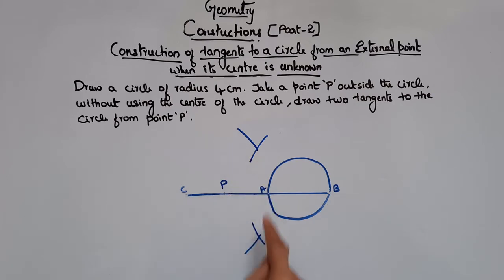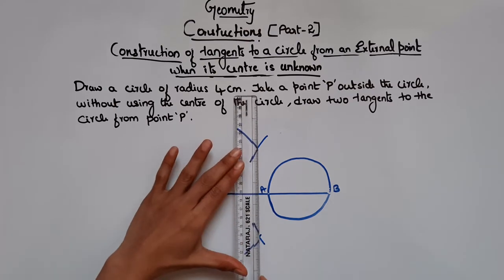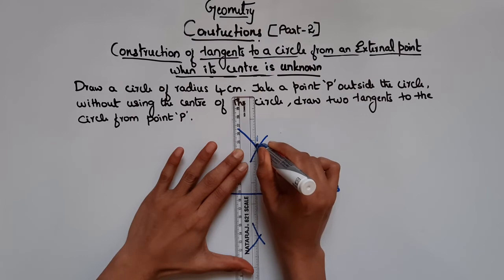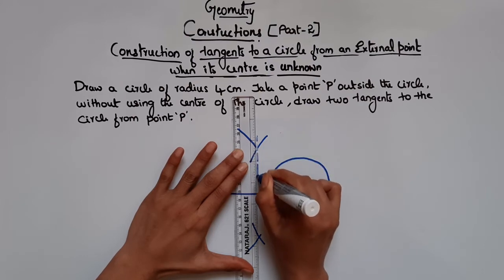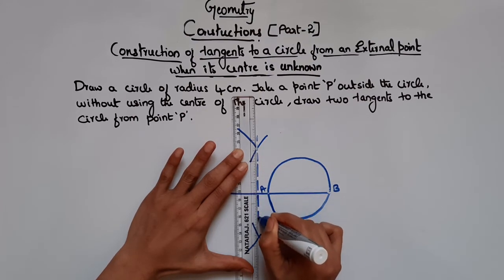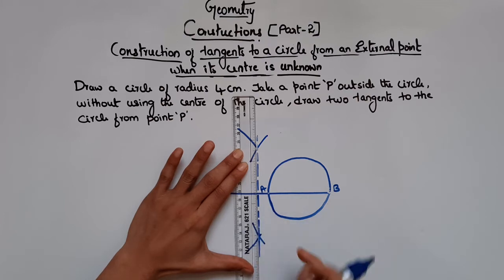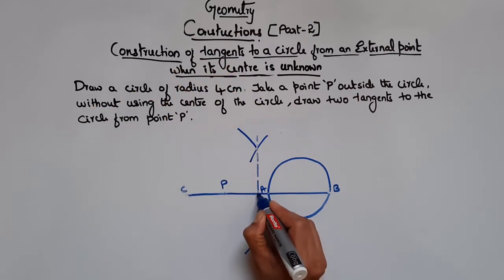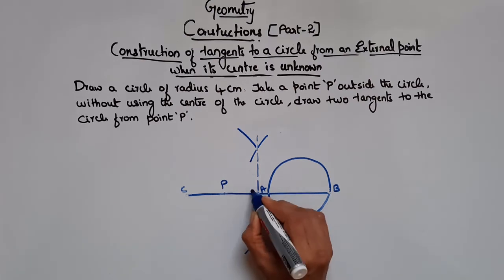So you got 2 points here. You will join those 2 points. So this line will give you the midpoint of line CB. So this is your midpoint. Let's take this point as O.